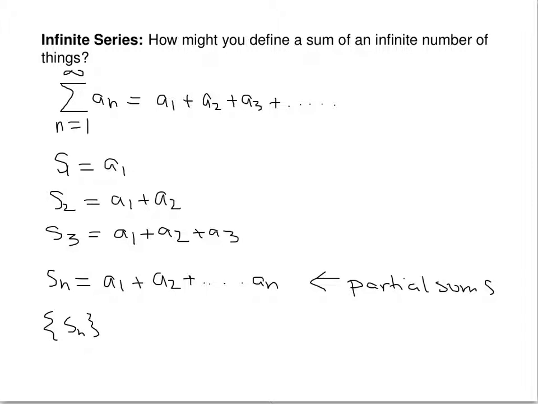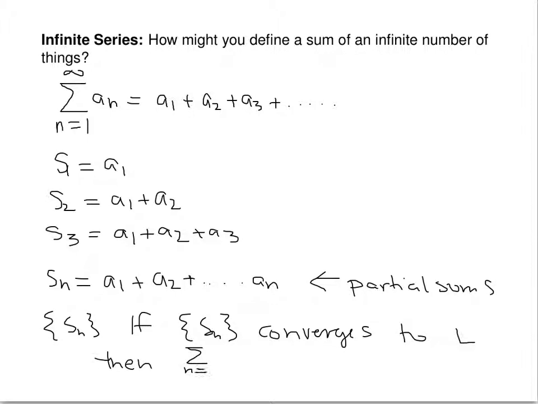And what we say then is if this sequence of partial sums converges to some L, then the series from n equals 1 to infinity of a sub n also converges to L. And also, if that sequence of partial sums diverges, then so does the series.